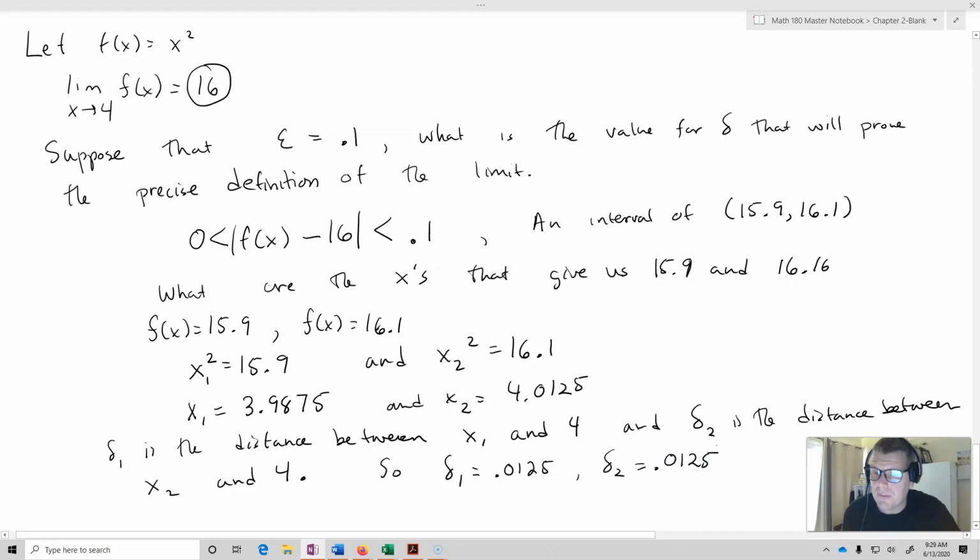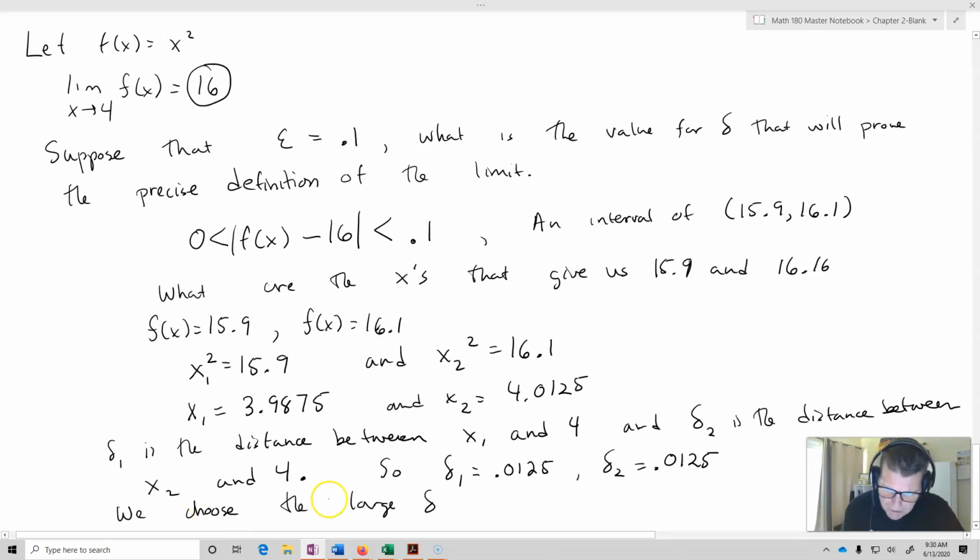Remember these are absolute values. So we basically want to know how big is delta. Then we choose the larger delta, which is in this case either one. Although technically, if you went down to more than 4 decimal places, like 5 decimal places, you'd start to see that the second one is actually the larger delta.